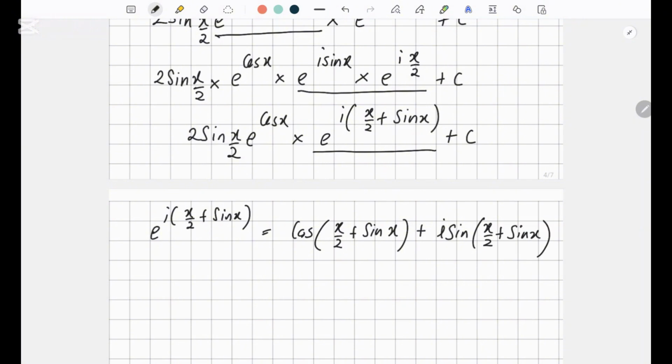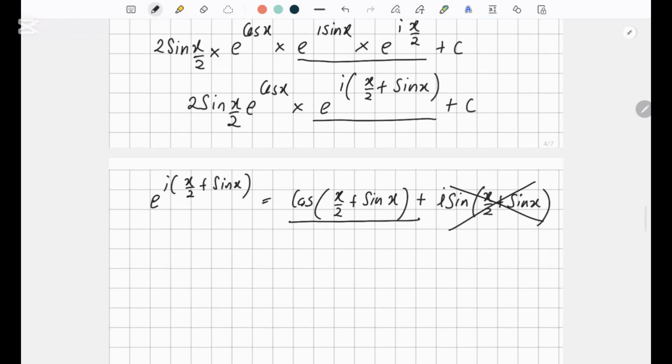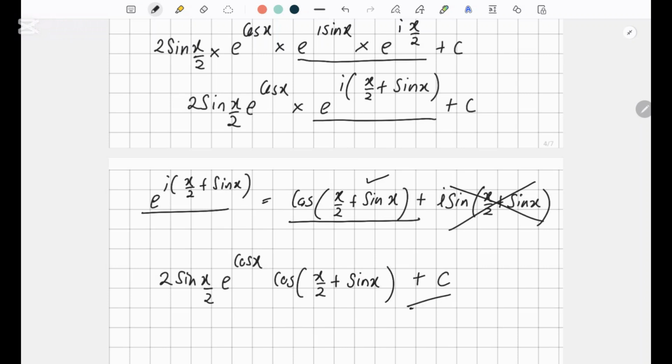Now when writing a final answer, we don't consider this because that's imaginary. We only take the real terms. So now your final answer would be 2 sin(x/2) e to the power cos x, and instead of writing this, you write this guy over here. So it's cos(x/2 + sin x) plus c, and this right here is your final answer.